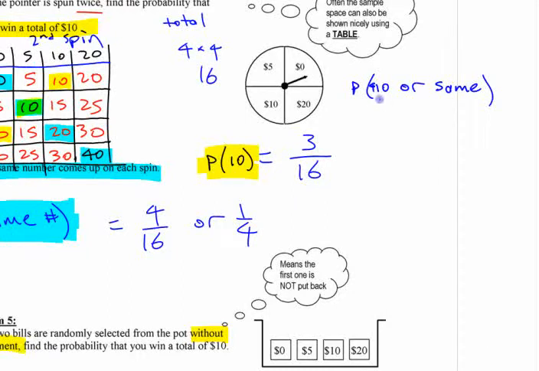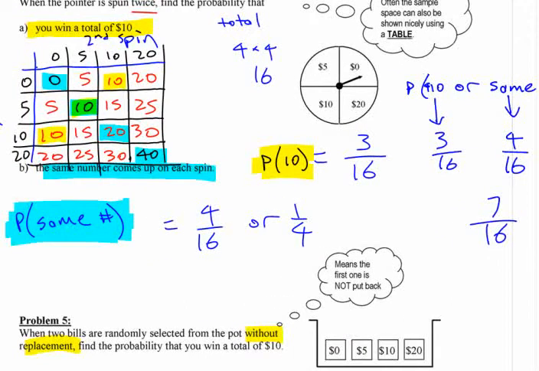You might say that there's 3 ways I can get $10, right? 3 out of 16. And what was the chance of getting the same number? 4. So what would you think that, since you're asking for or, what do you think the probability would be? What would your guess be with those 2 numbers? 7, right? Can you look at the picture and see that it's not 7 though?